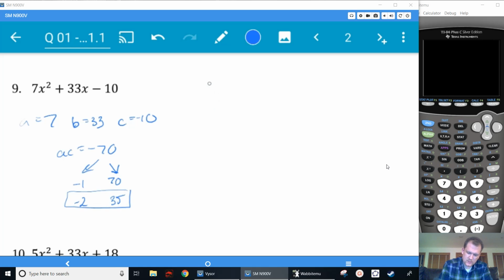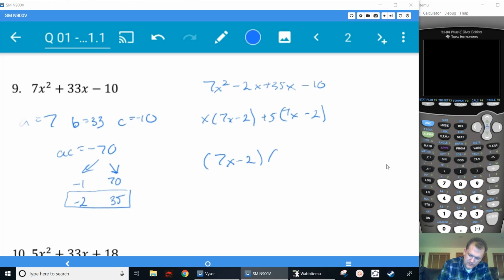So 7x squared minus 2x plus 35x, because -2 plus 35 is 33. Now we factor an x out of them and a 5 out of them. Then the 7x minus 2 comes out, and x plus 5.